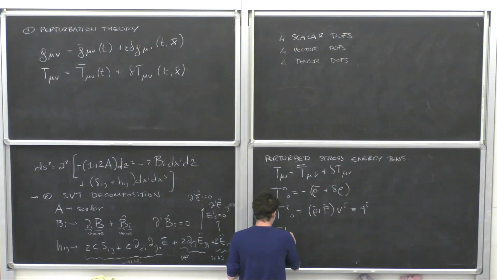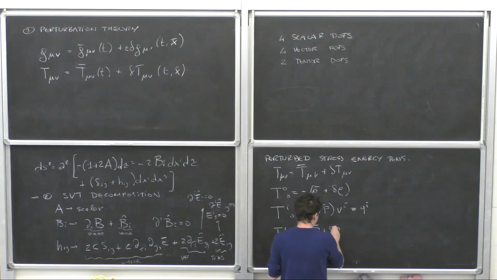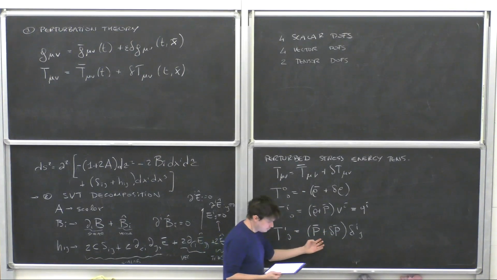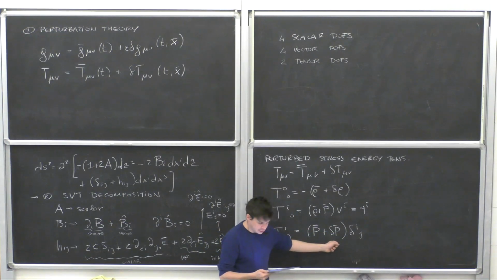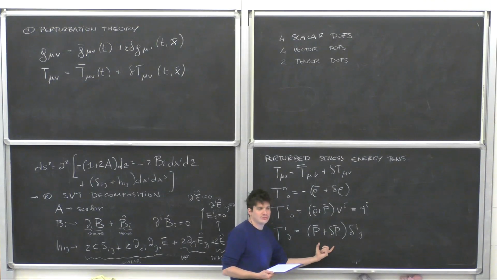Then T_ij is equal to pressure plus pressure fluctuations, times delta_ij. So this is background pressure, plus pressure fluctuations. Now, this is the trace part of the stress energy tensor, right?